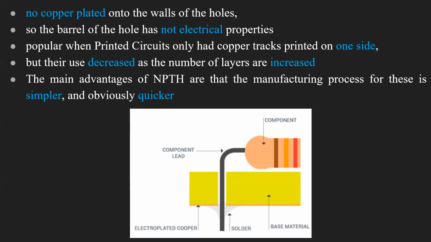But their use decreases as the number of layers increases. If you increase the layers from 1 to 2, 2 to 4, then this technology might not be used in PCBs with more layers.